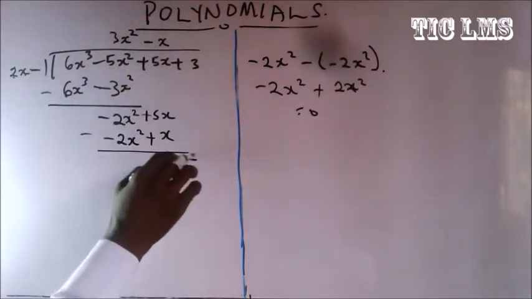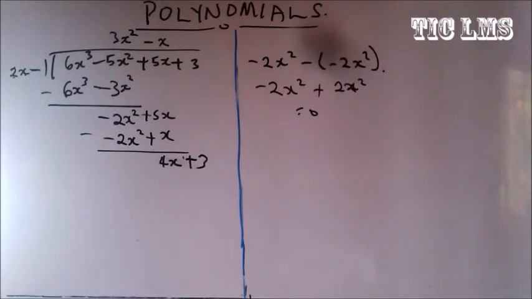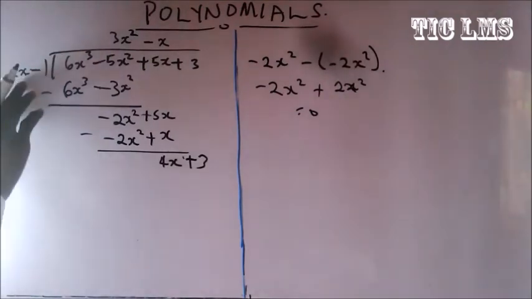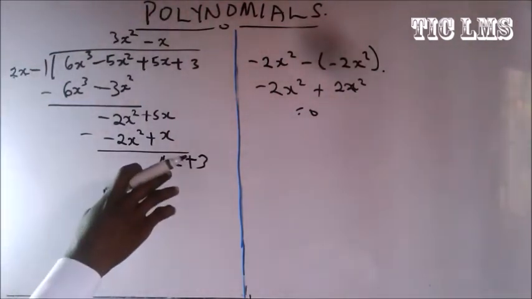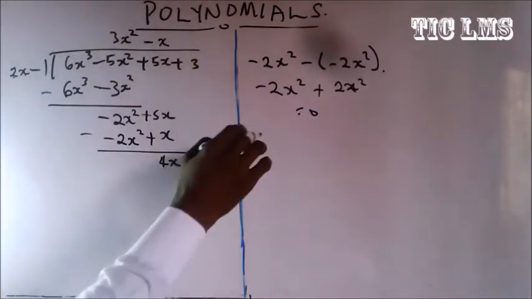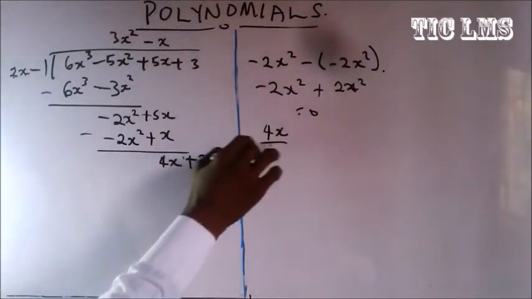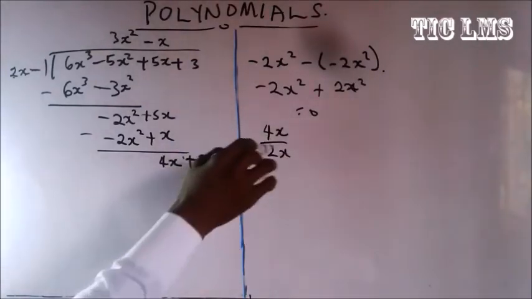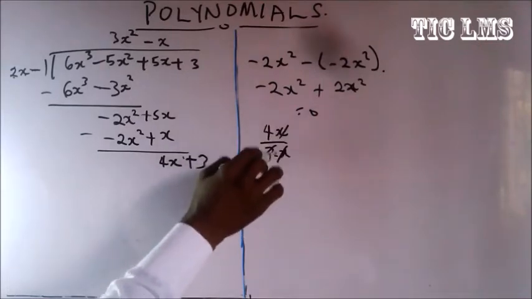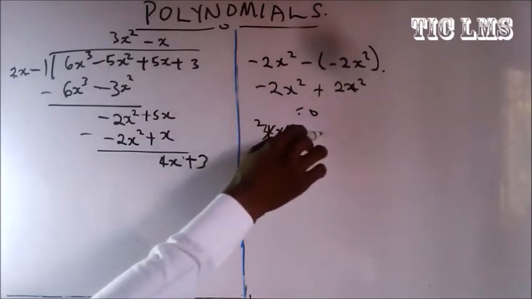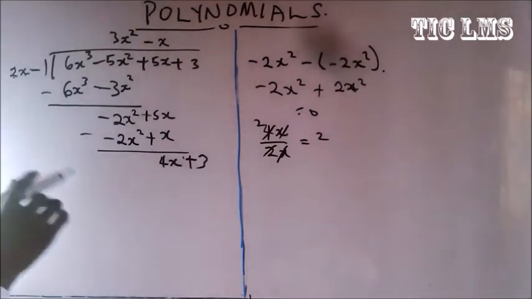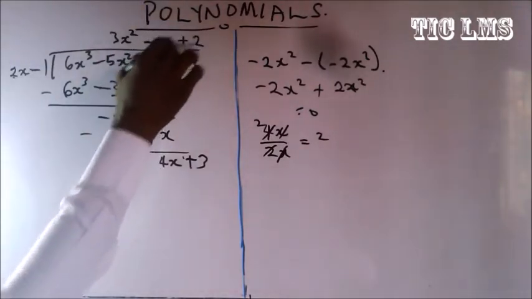Next is that we'll bring this plus 3. We'll bring it down. 2x into 4x. That is 4x divided by 2x. That's what that means. x cancels x, 2 cancels 4 to have 2. So we are left with 2. And so 2x into 4x, we have plus 2.